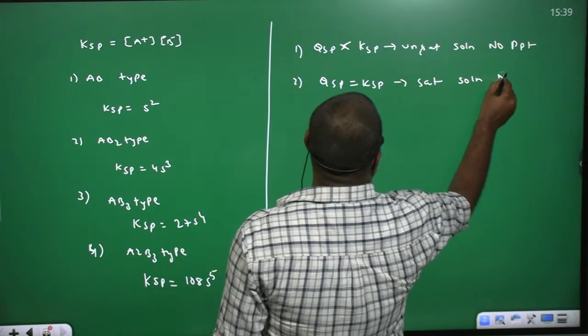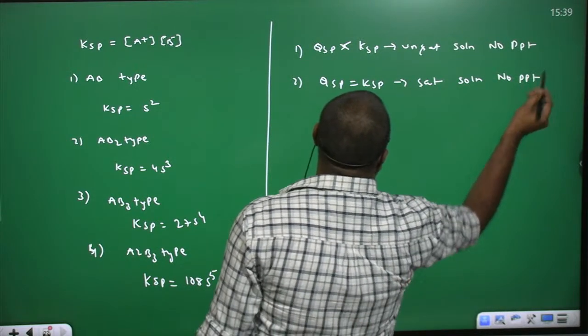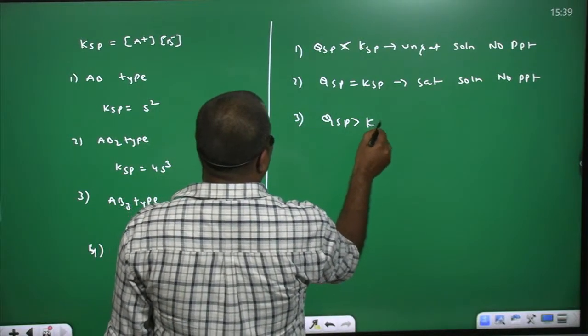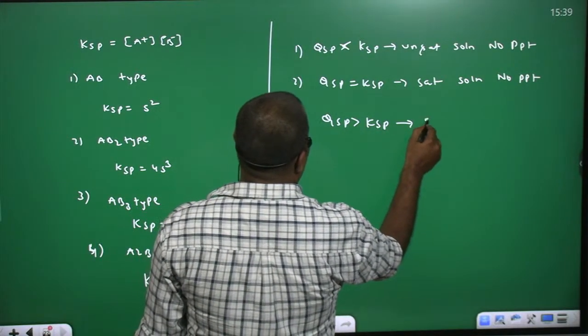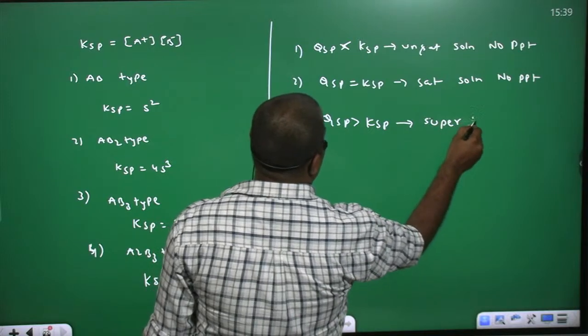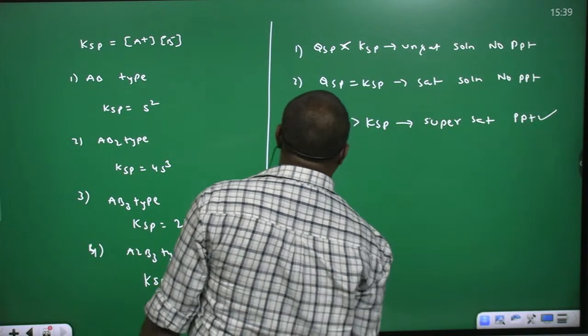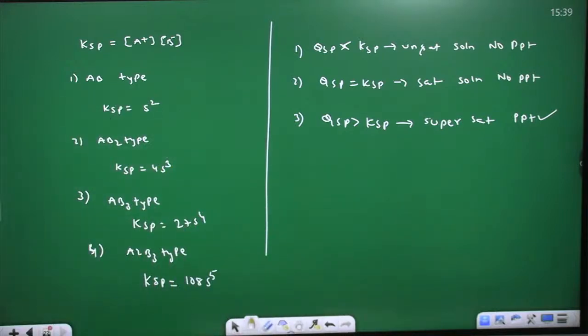In this case also you are not going to find any precipitation. No PPT. Whereas QSP is greater than KSP, then you can find a super saturated solution. In this case you can find precipitation. Those are the conditions to get precipitate by giving solubility relation.